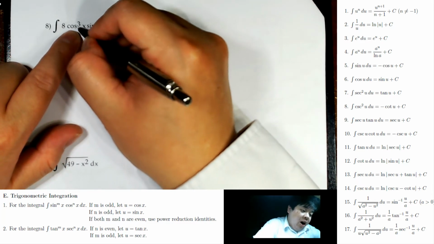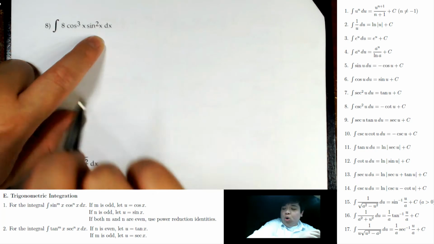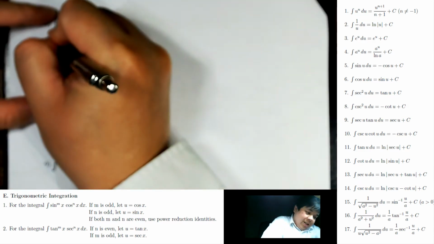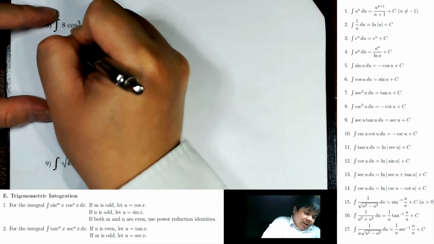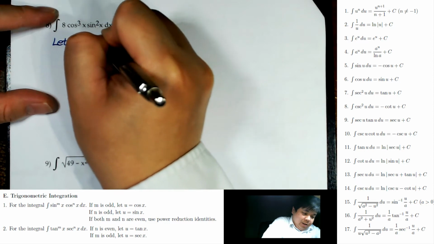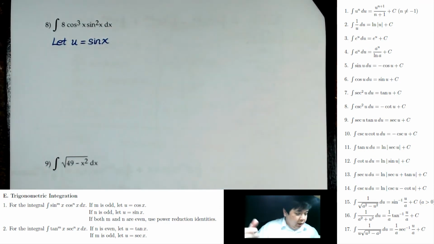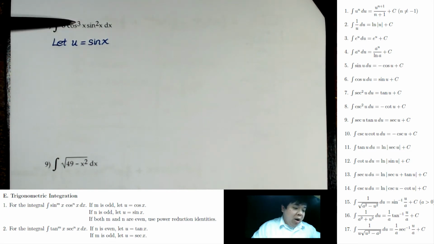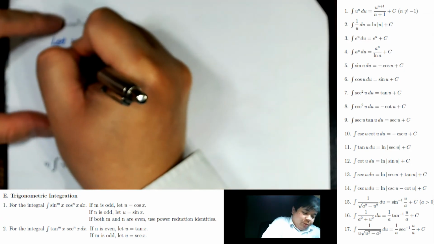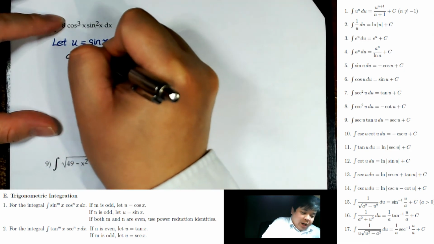So since we have the odd power on the cosine, u is going to be sine. We know for sure that when we have cosine and sine, whichever has the odd power, we take the other function to be u. So typically du equals cosine x dx.